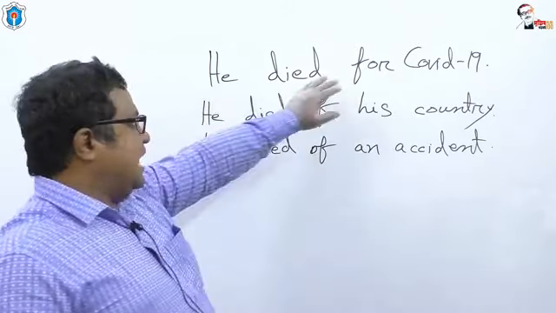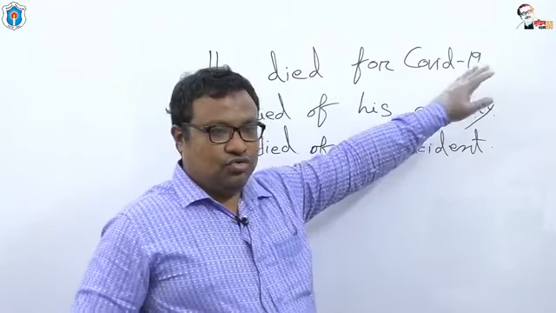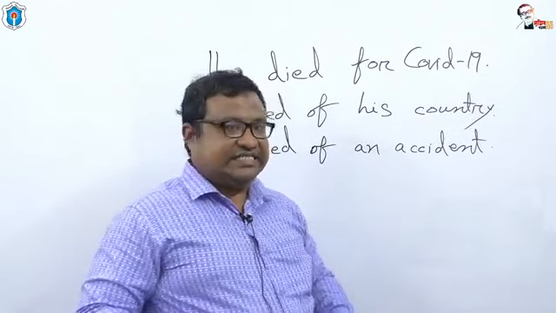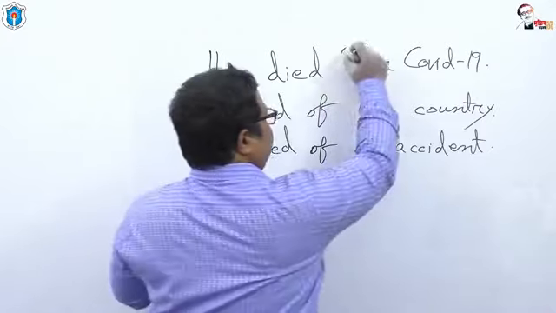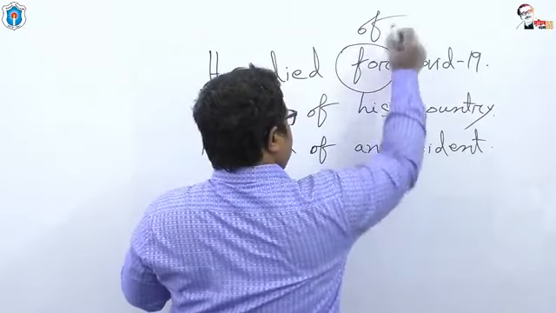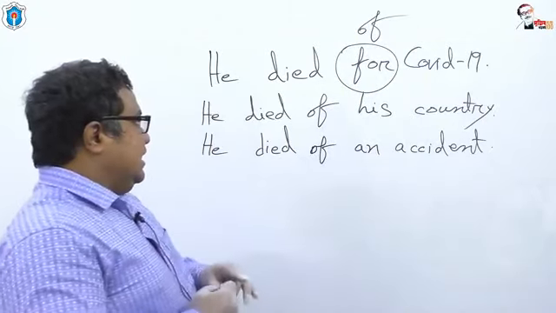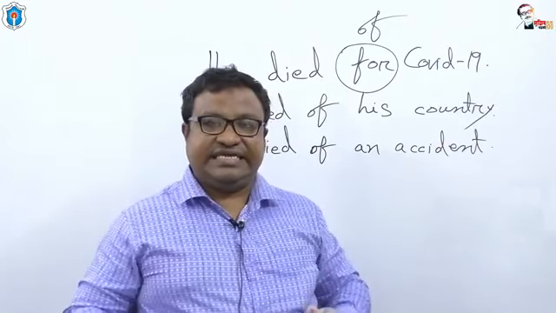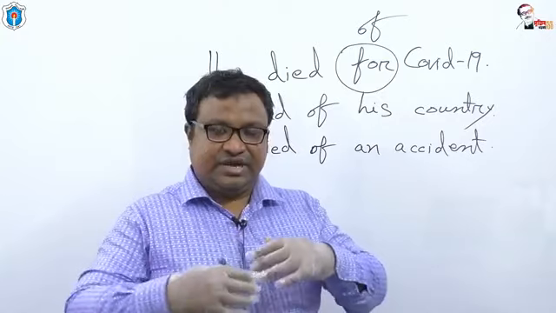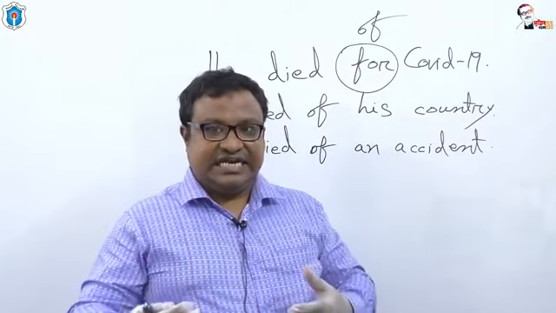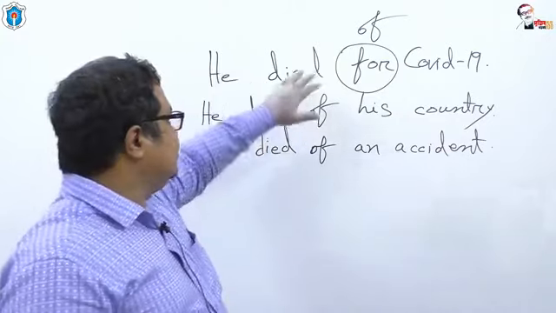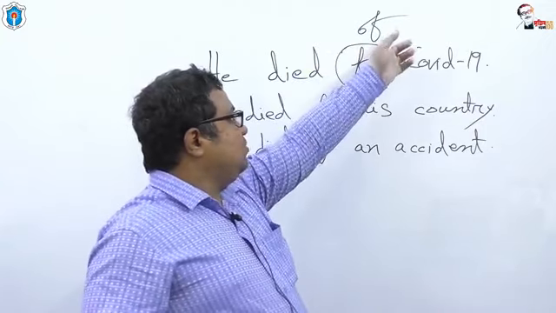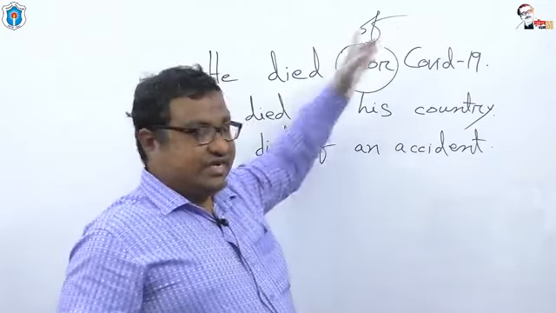The first one, he died for COVID-19. No. When I am mentioning any disease, he died of COVID-19. When somebody has died because of any disease, ultimately I have to use this form, this of after die.